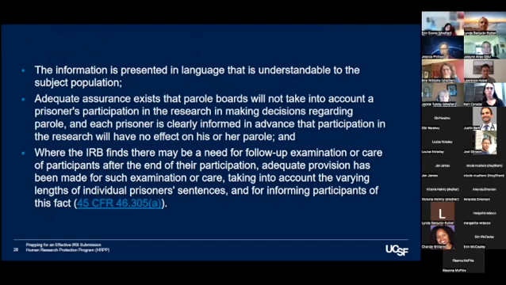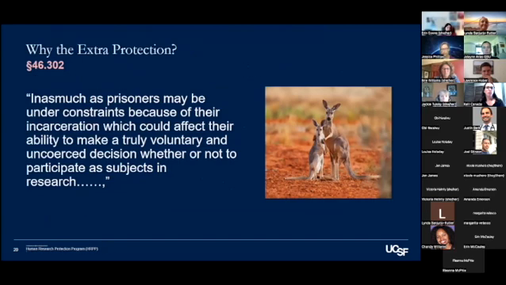And the prisoner understands that their parole won't be affected whether they participate in the research or not, and any follow-up care is provided. In terms of why we need the extra protection, it's basically to make sure that the prisoners are really doing the research voluntarily. Being incarcerated may not make that a straightforward question.